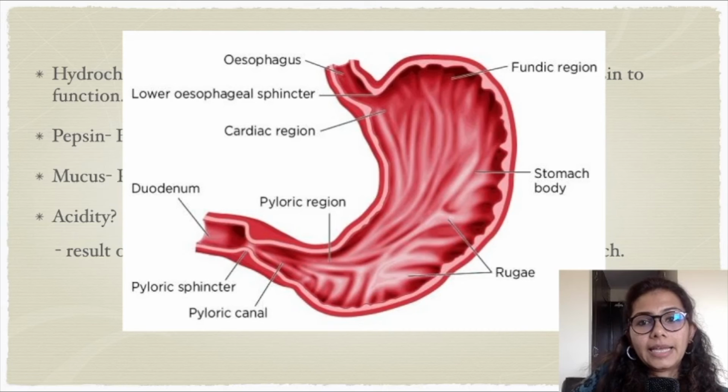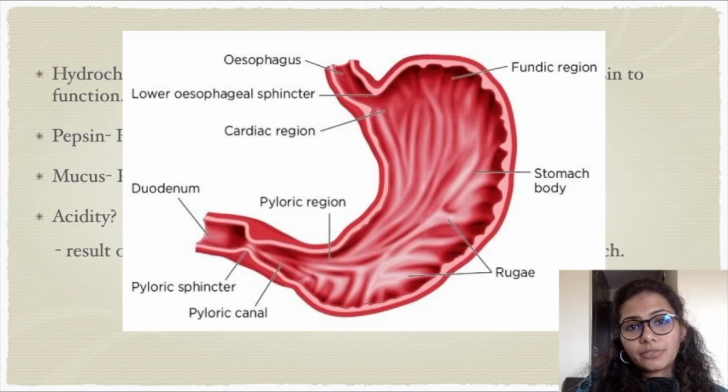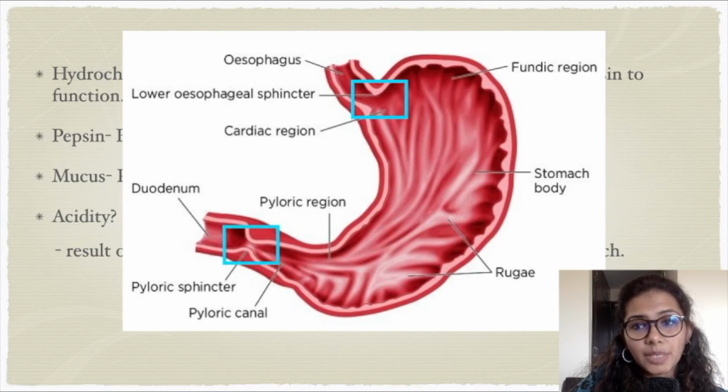Now, if we look at the structure of the stomach more closely, we can see that there are openings on either end of the stomach, on the top end as well as the bottom end. It looks like it's being pinched over here and here.